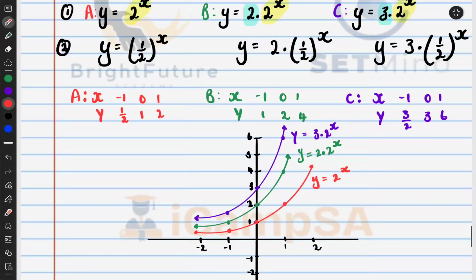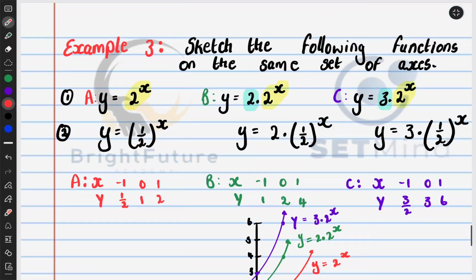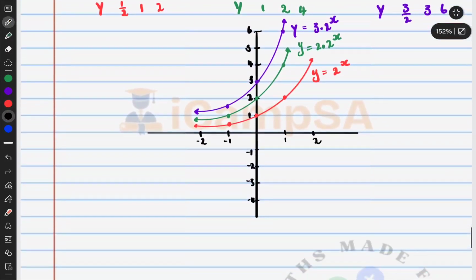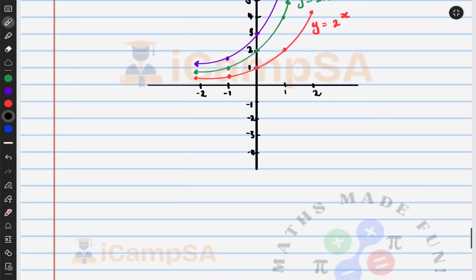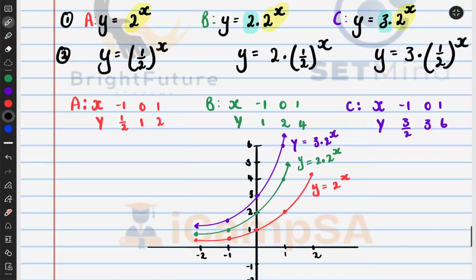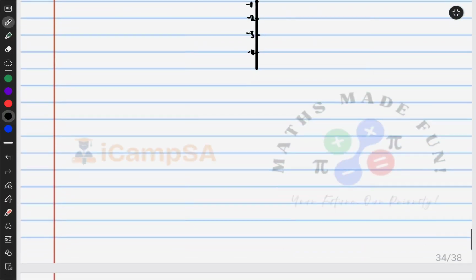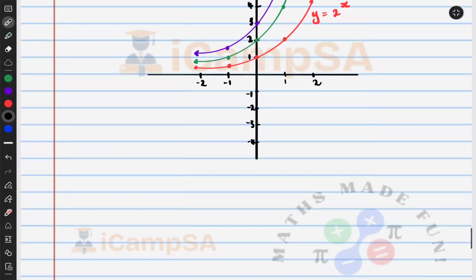Okay, and then let's go ahead and do number 2. Number 2, we also have to sketch them on the same set of axes. I want to see something, that if we were to sketch these functions on this same set of axes, maybe it would just become too ugly.